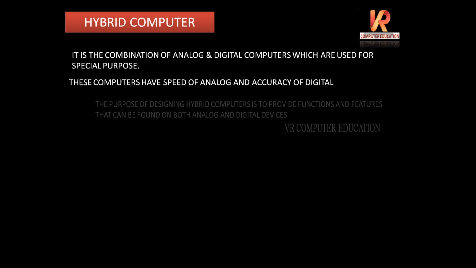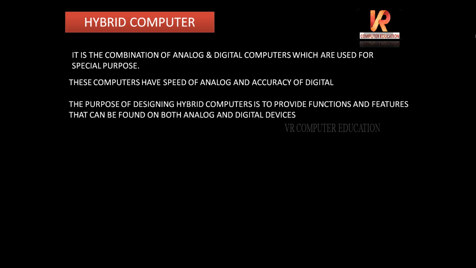The purpose of designing hybrid computers is to provide functions and features that can be found on both analog and digital devices. So instead of keeping analog aside, they have introduced the combined one. Analog has some features which may not work in digital, or digital may have some features which cannot be done in analog.